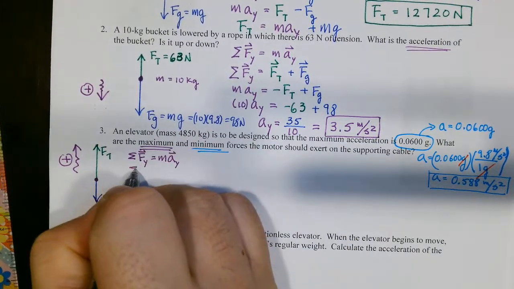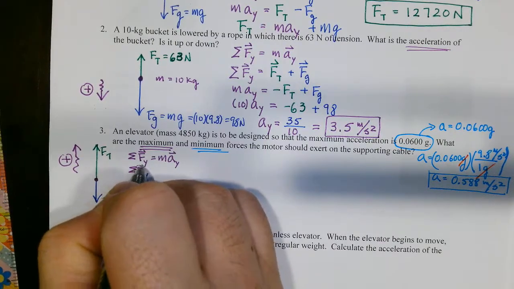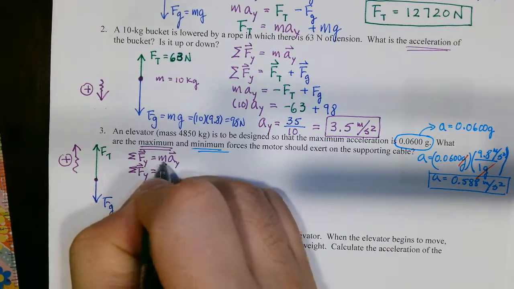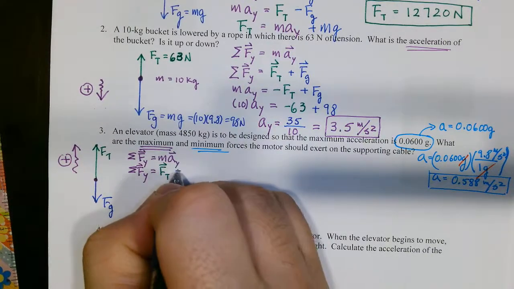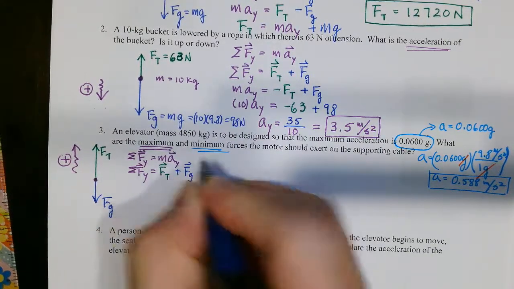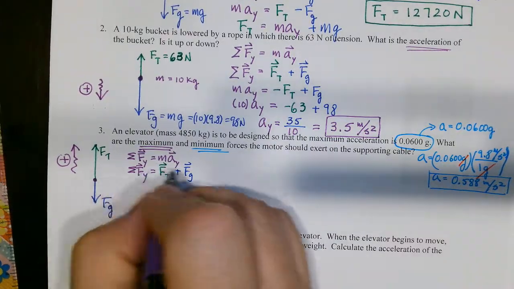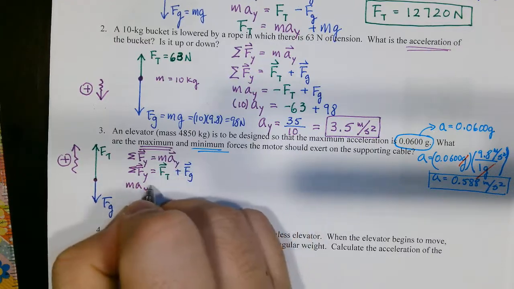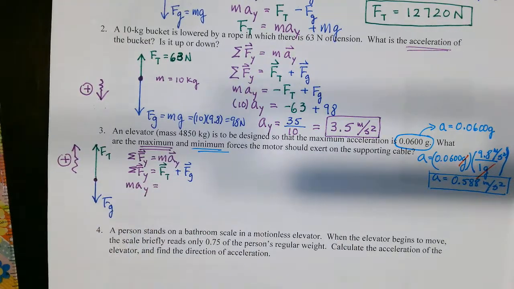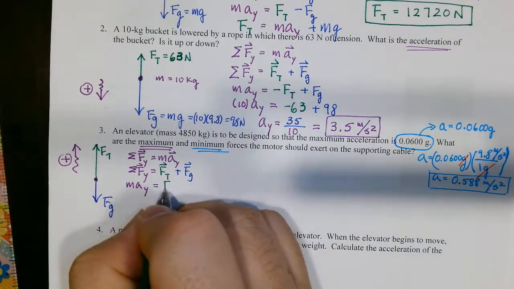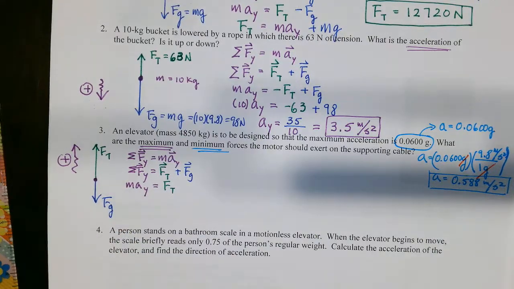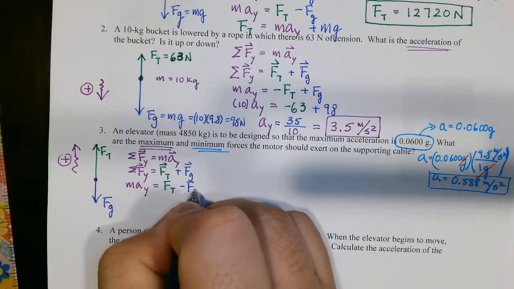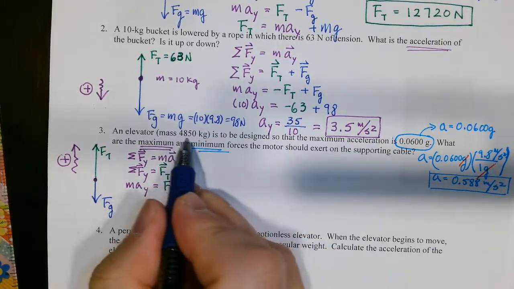Then sum of all forces in the y direction is equal to F tension plus Fg. Then, if you set them equal to each other, may is equal to F tension, which I'm going to keep as positive because that's the direction of motion, minus Fg. So what is Fg?